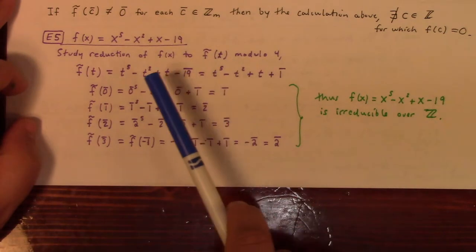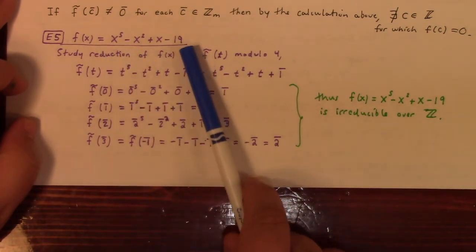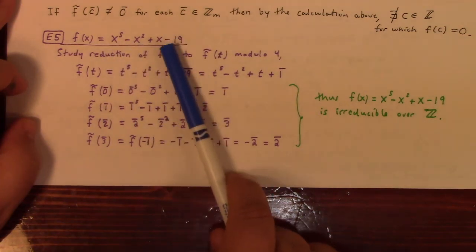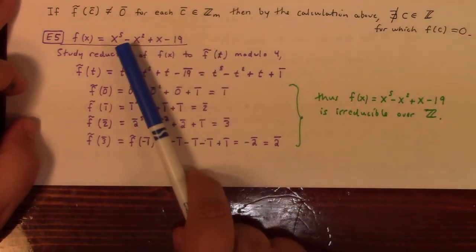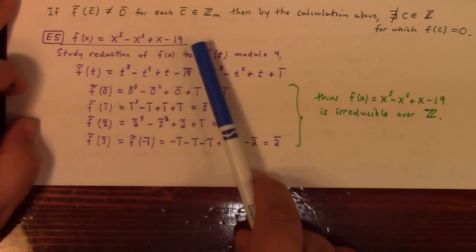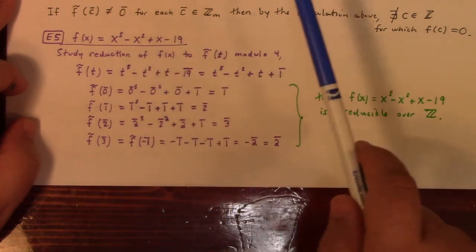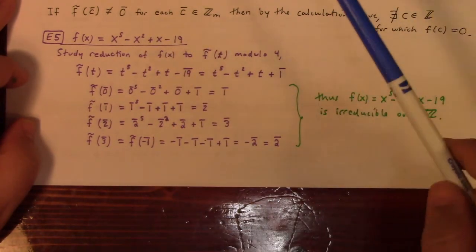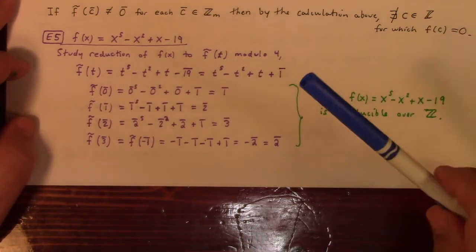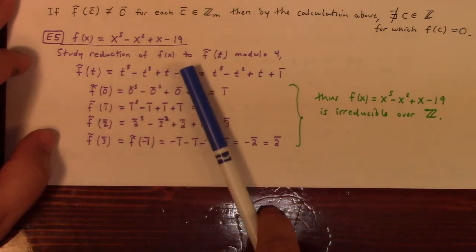If I try mod 2, I get 1 minus 1 plus 1 plus 1, so f tilde of 1 bar mod 2 is 0, so this method breaks down mod 2, and something bad happens with mod 3 as well. Mod 4 is the first one that we're successful. So anyway, here it is, reduction mod 4.